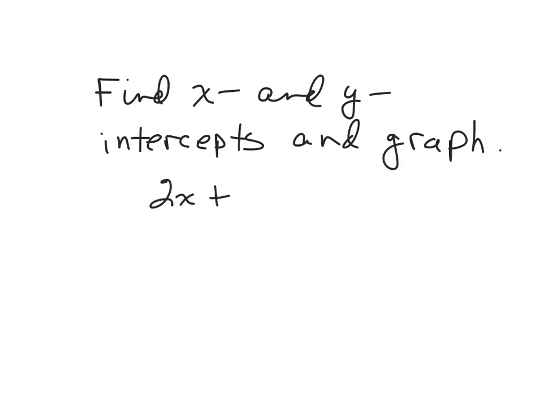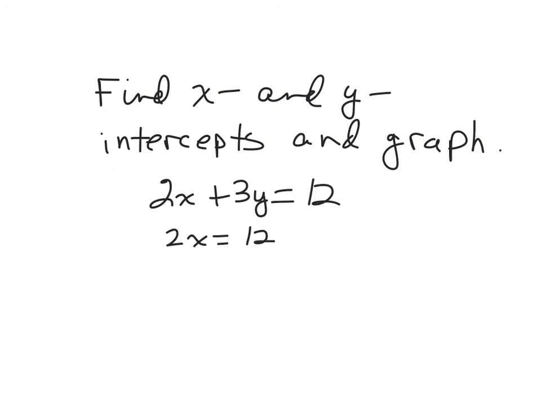Okay, so 2x plus 3y is equal to 12 is the equation we're going to use right now. Ladies and gentlemen, do you remember how to find the x-intercept? Use the cover-up method. Put 0 in for y, which basically means you're going to cover up the y, which will give you 2x equal to 12.